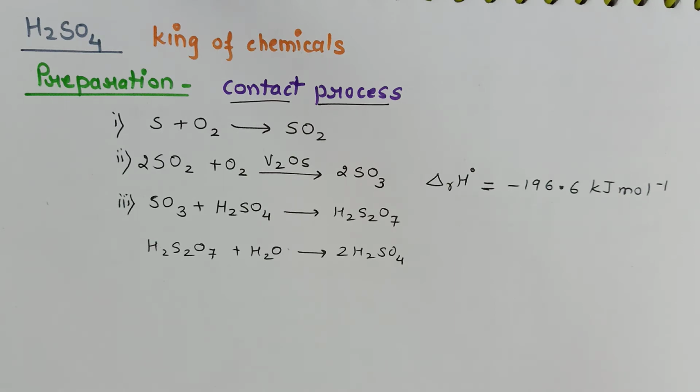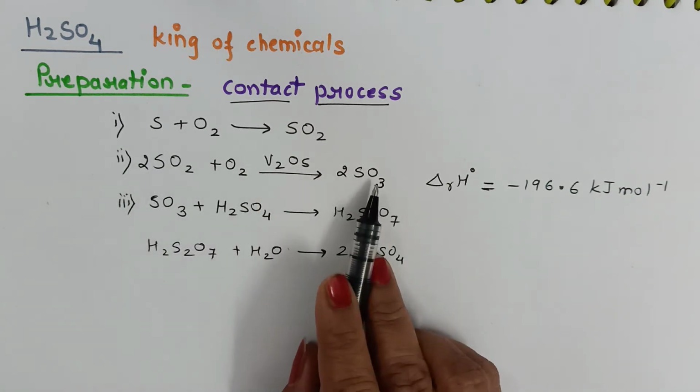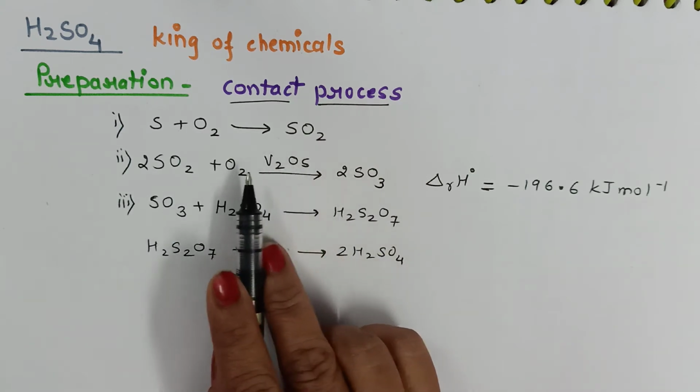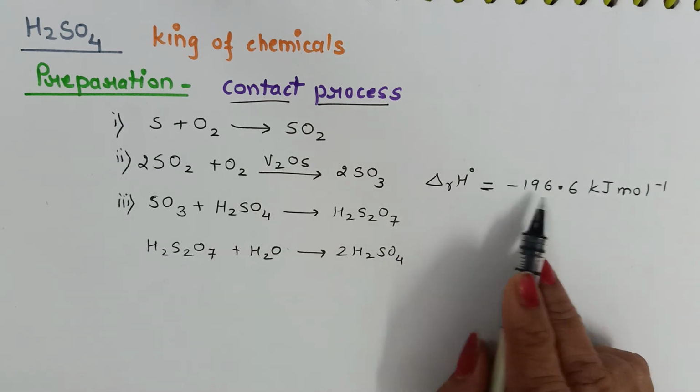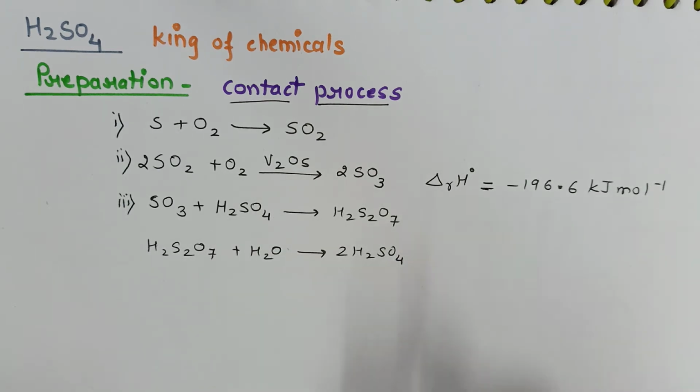In the second step, there is a conversion of SO2 to SO3 by the reaction with oxygen in presence of catalyst vanadium pentoxide. The enthalpy of the reaction is minus 196.6 kilojoule per mole, indicating it is a highly exothermic process.